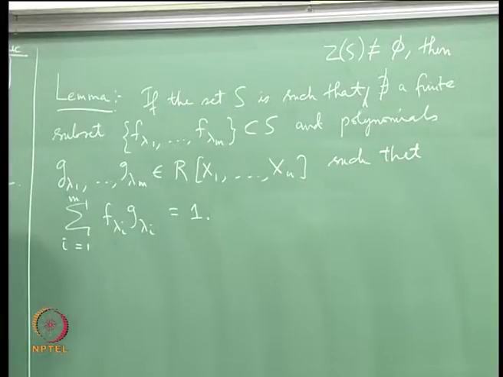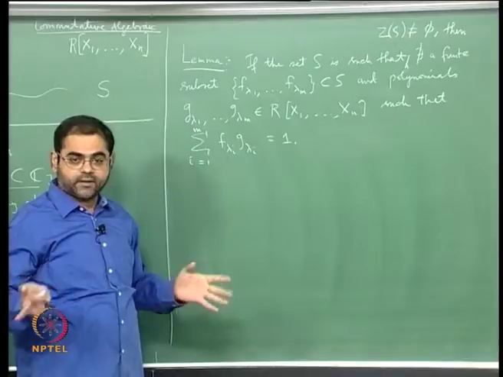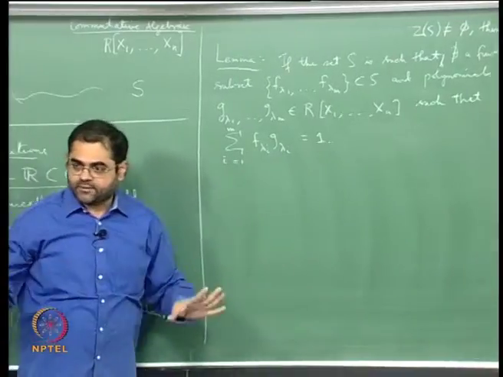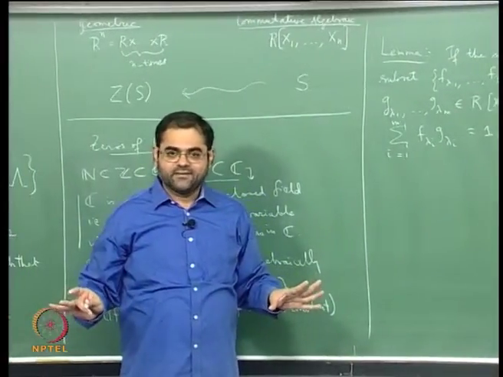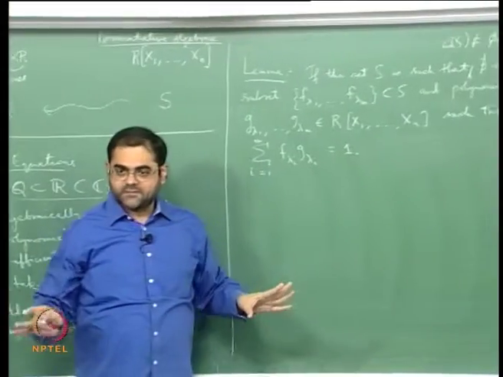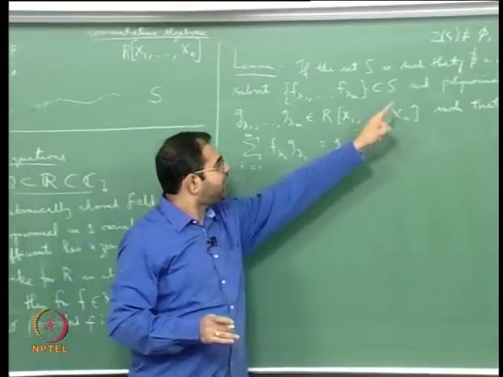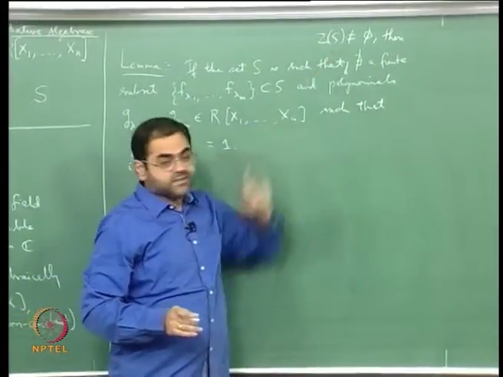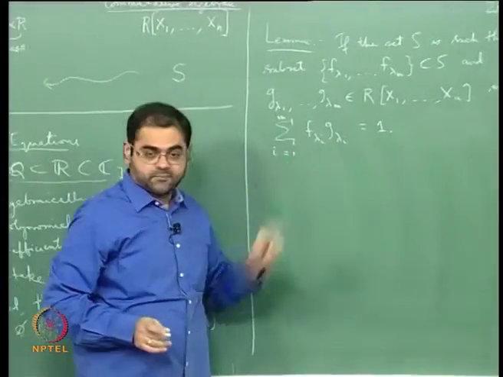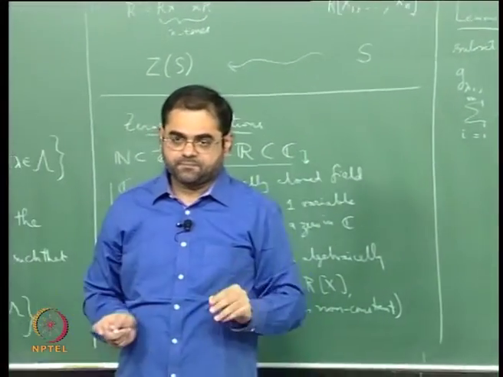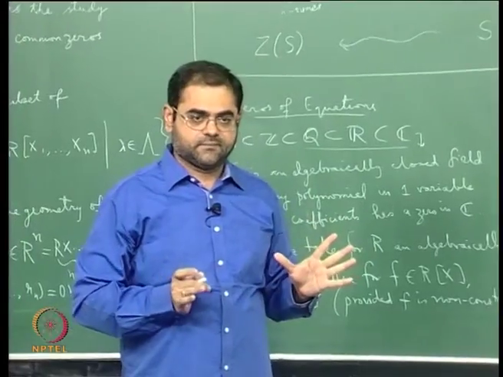In a ring, if 0 equals 1, then the ring is the 0 ring, which has only one element, and certainly we are not interested in working with the 0 ring. So if the zero set is non-empty, this can never happen. It's a very simple thing.